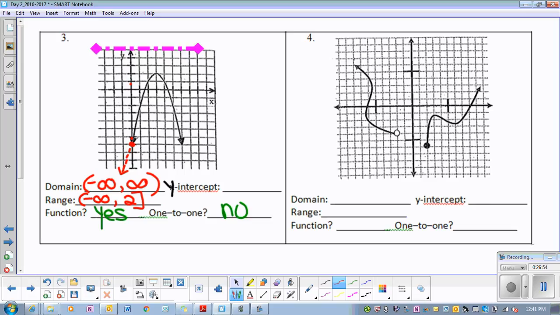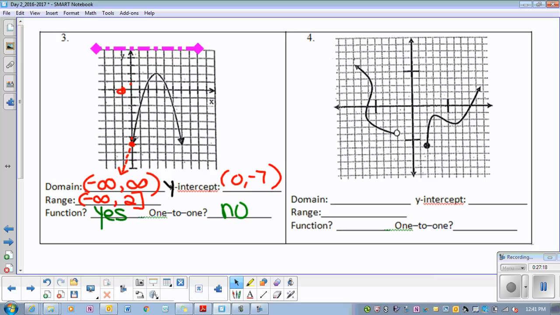All right, so if the y-intercept is right there, that is at what? 1, negative 2, 3, 4, 5, 6, 7. Negative 7. All right. 0, comma, negative 7. How are you guys doing with this? We'll keep practicing.